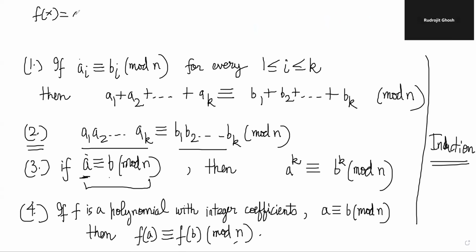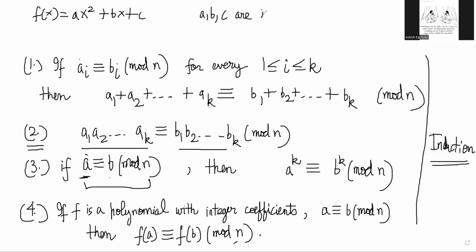Here the thing that he has said is a, b, c are integers. Or let's keep the integers as p, q, r because a and b and all are already there. So our polynomial f of x is px square plus qx plus r.